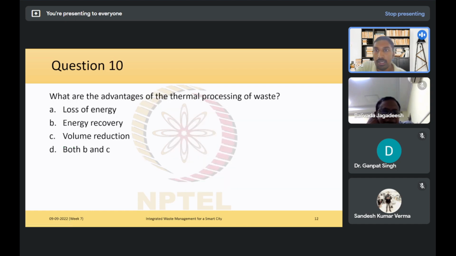Moving on to question number 10: what are the advantages of the thermal processing of waste? The options are loss of energy, energy recovery, volume reduction, and both energy recovery as well as volume reduction. There are different techniques of thermal processing, and different techniques will offer different advantages.